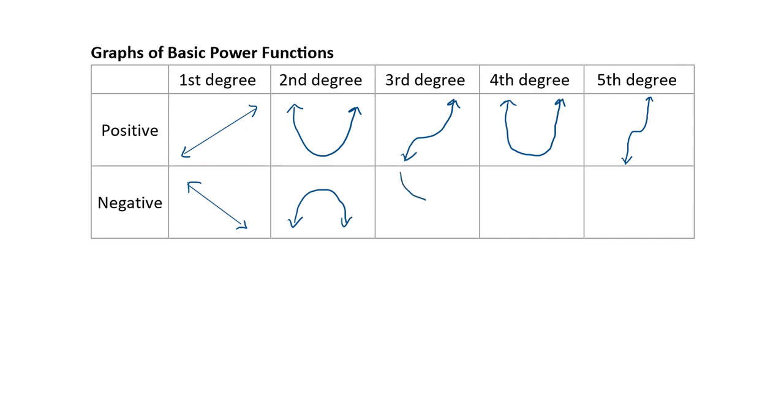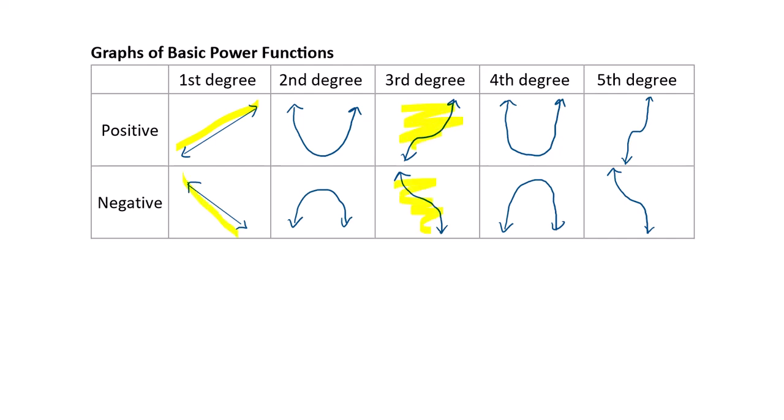And then you can see a negative third degree, y equals negative x cubed, will look like this. Again, we have something like that. And fifth degree, something like this.